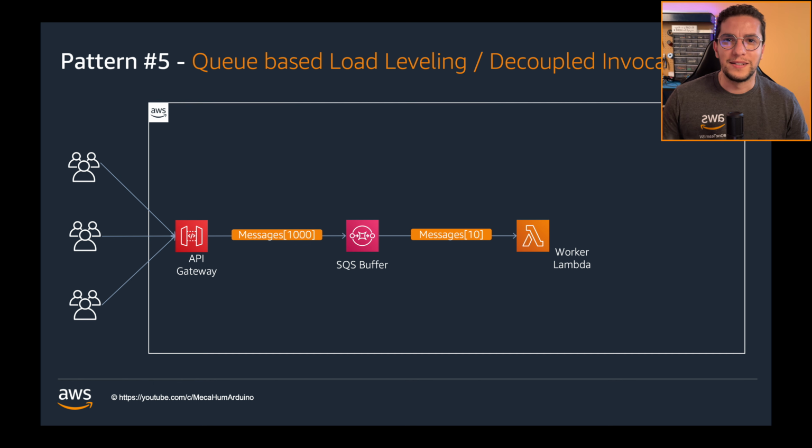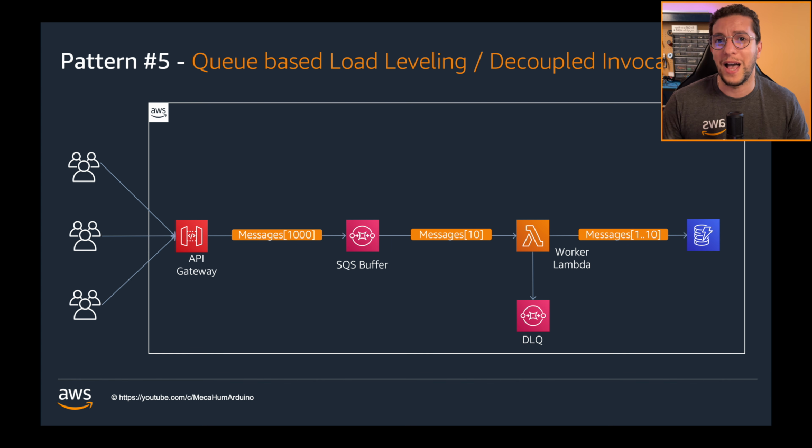On the other side, you include a Lambda worker, which can now do batch processing of, say, 10 requests at a time. So you're using the Lambda concurrency model to your advantage by setting a concurrency limit. But you also are accepting those messages in a batch manner, so you can scale up and you can scale down based on your needs.